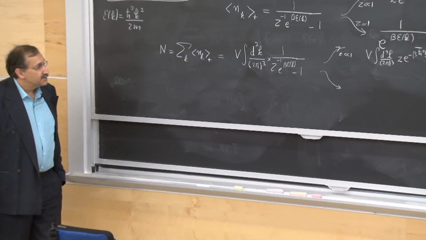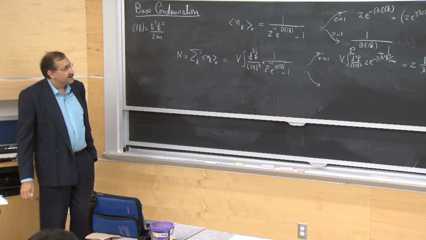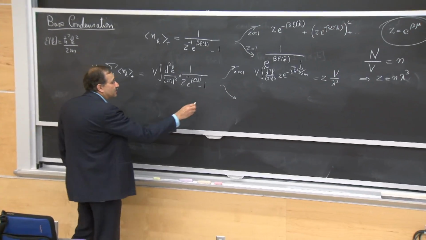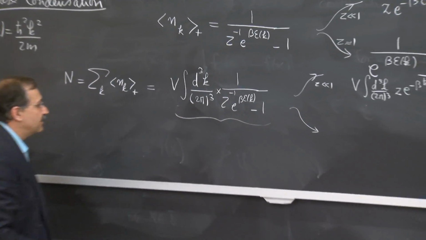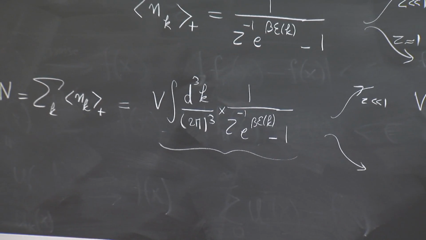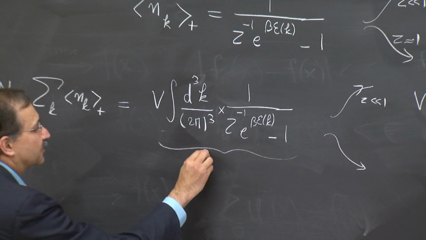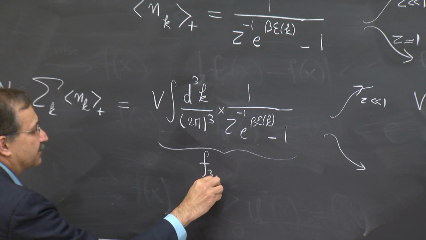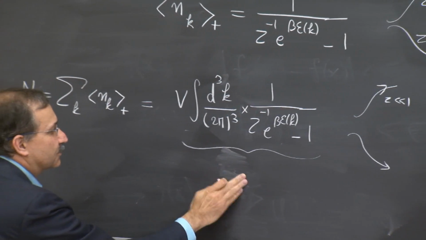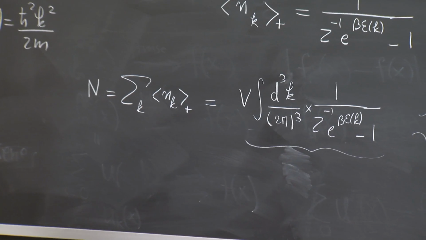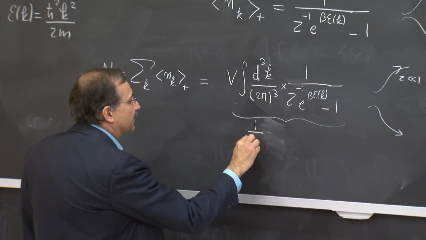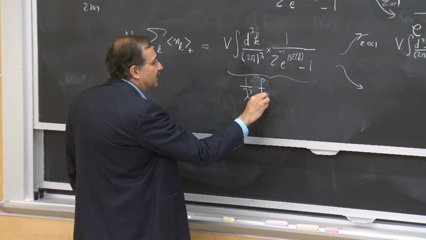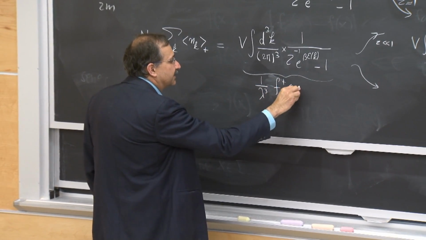Now, in the other limit, we have this difficulty that this quantity, if I look at it as a function of z, this is the quantity that we would call f. It is related to f3 halves of z. So this is going to be 1 over lambda cubed f3 halves plus of z.